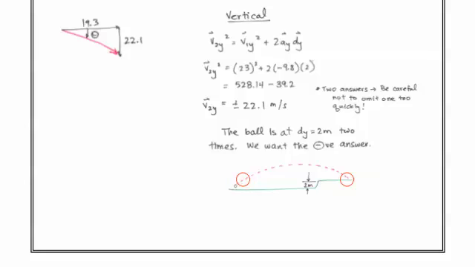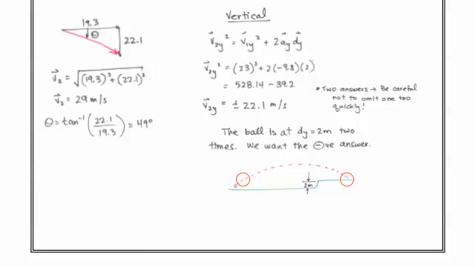Here's what our vector diagram looks like. We got 19.3 meters per second in x and 22.1 meters per second in the downward direction in y. So we'll use the Pythagorean Theorem to solve for the overall final vector, 29 meters per second.